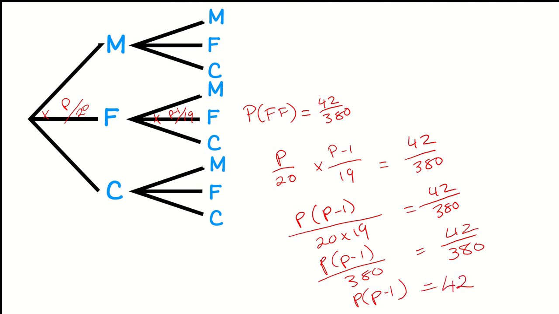Now this is the bit that I need to go and solve. So let me go on to the next slide so I get some more room. We've got P times P minus 1 is equal to 42. To solve this I need to expand the brackets and rearrange this to get it into a quadratic form so that I can put this into my calculator to solve.